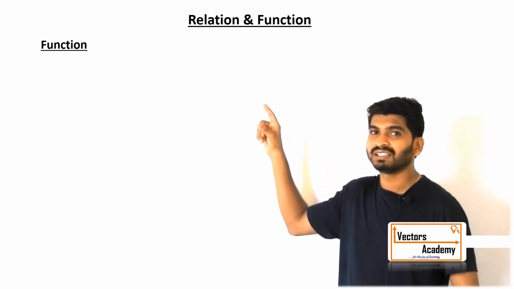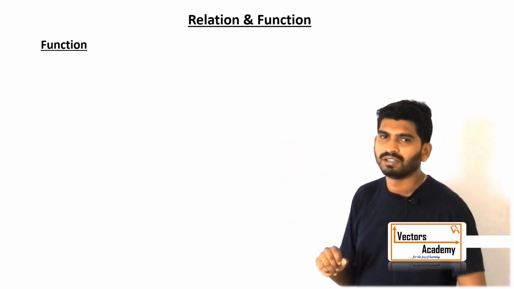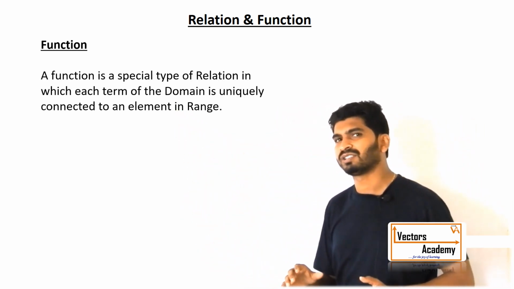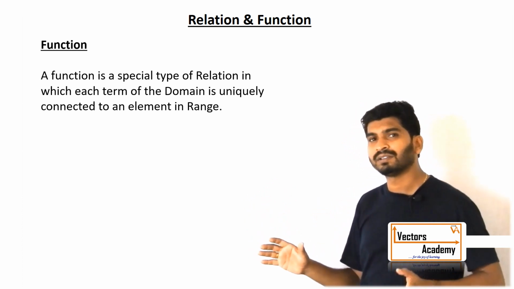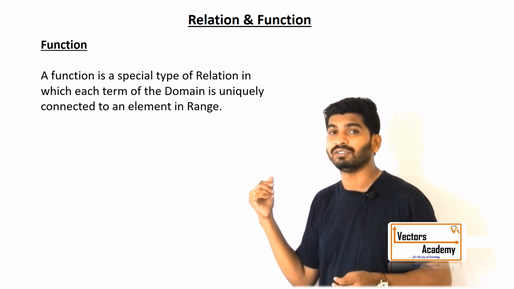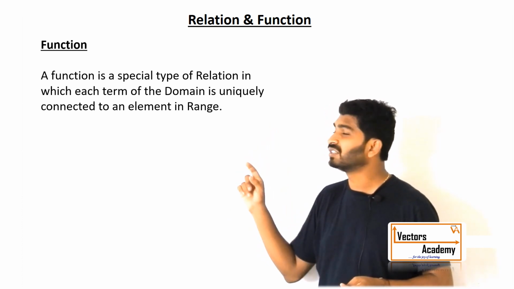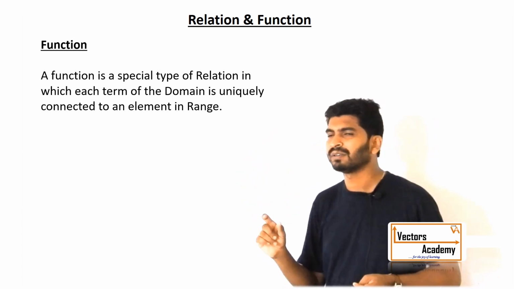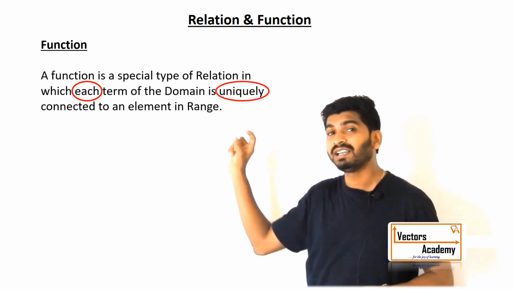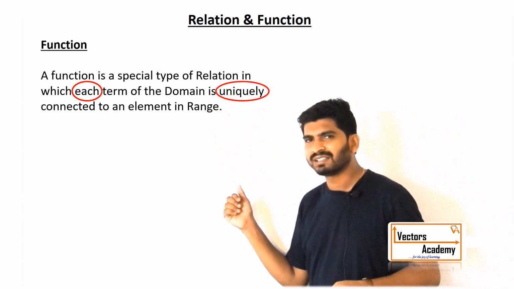This is the most important thing in this chapter. What is a function? We'll first look at the definition. A function is a special type of relation in which each element in the domain is uniquely connected to the elements in the range. In this definition, there are two very important words: one is each element and the second is uniquely connected. Why is that important?